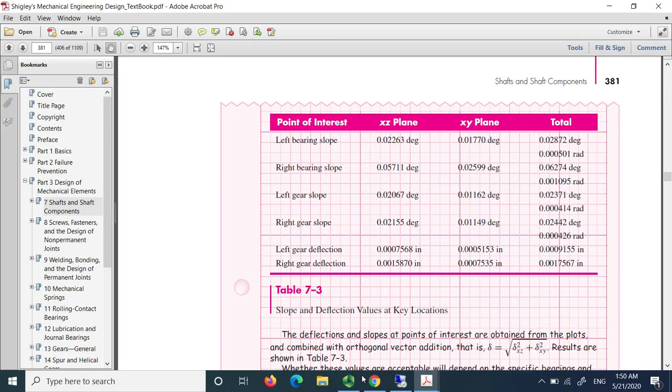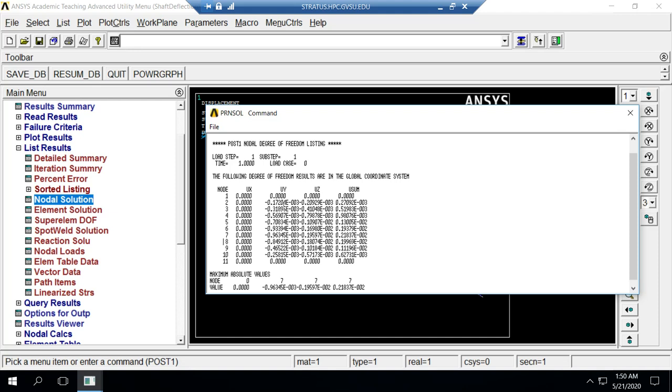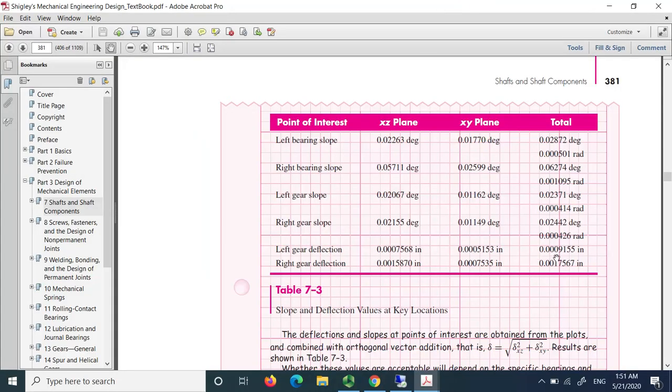So for the left gear, I have to compare that number with node 4, which was the center of my gear. The book has 0.00098, and what I have here is 0.00092. So the results are comparable.